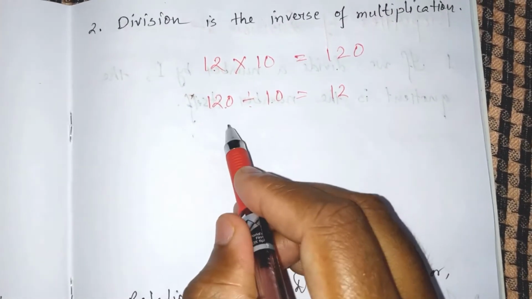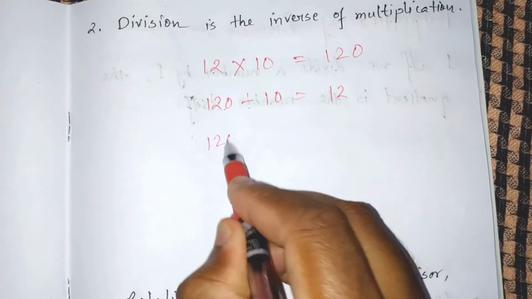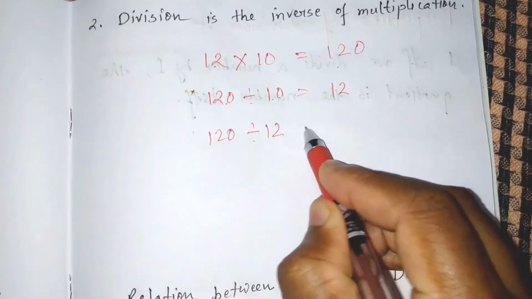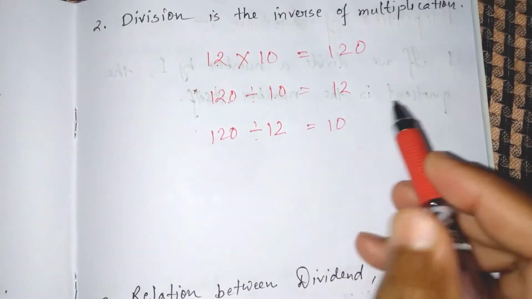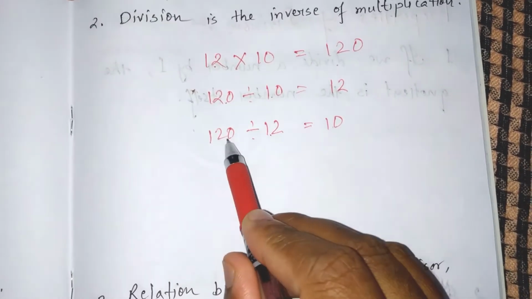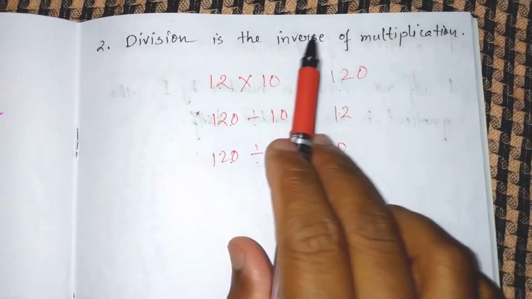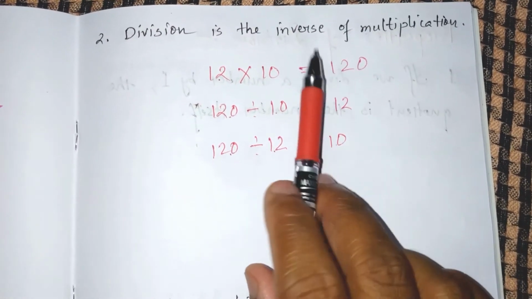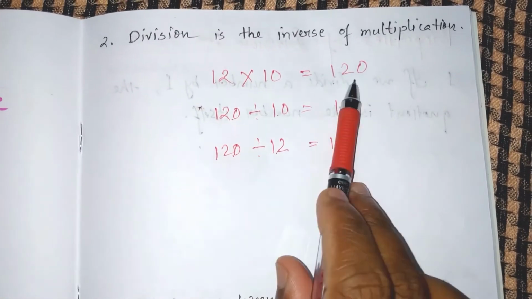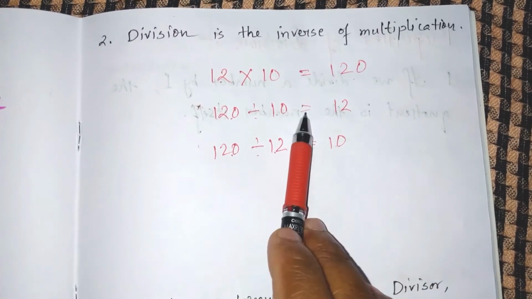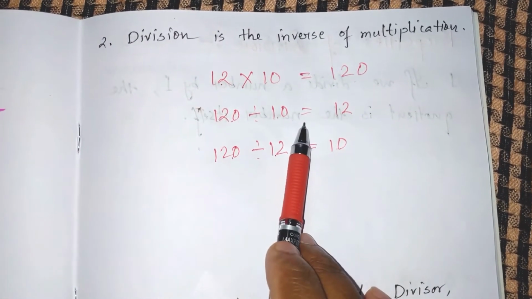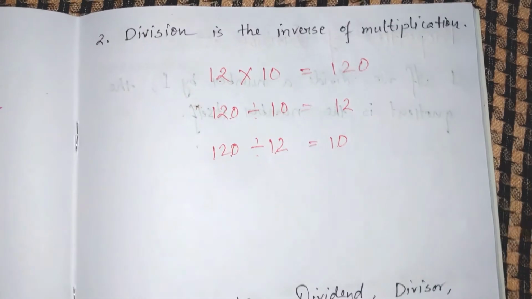Then if I say 120 divided by 12, how much will I get? I will get 10, because 12 into 10 is 120. So in this way I can say division is the inverse. Inverse means opposite. Division is the opposite of multiplication. You see this one, and if I compare with this one, it is the opposite of this one, isn't it? So let's see the next one.